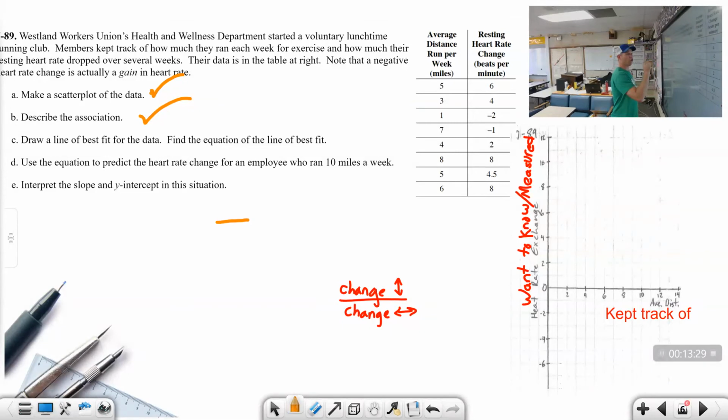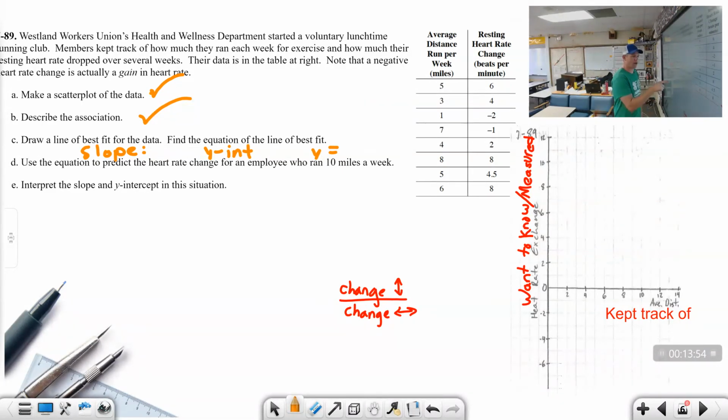Using the line of best fit, you need to tell me what is the slope, what is the y-intercept, and that's going to tell you the line. y equals, okay?